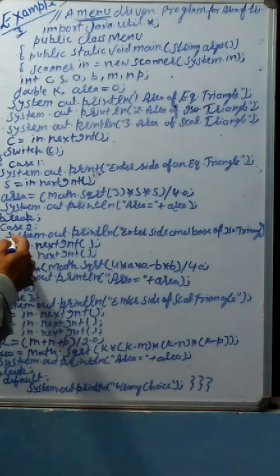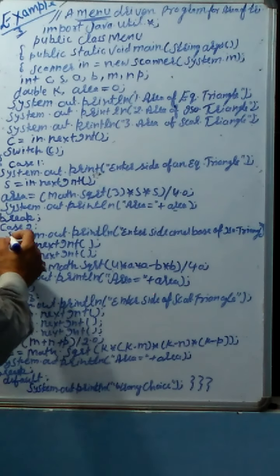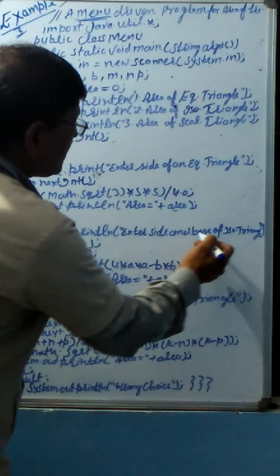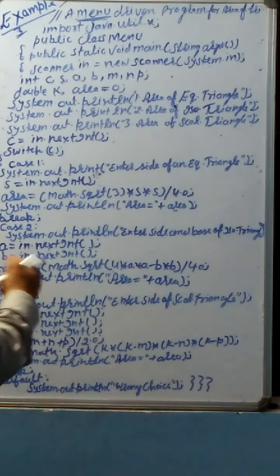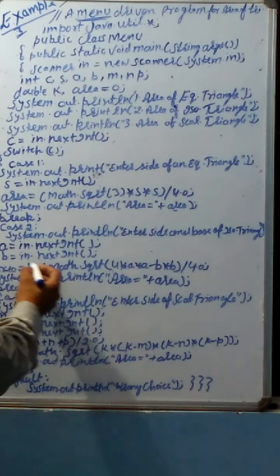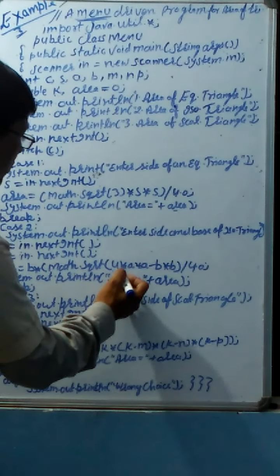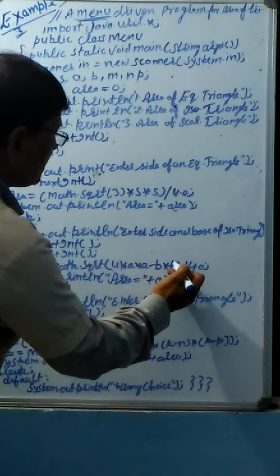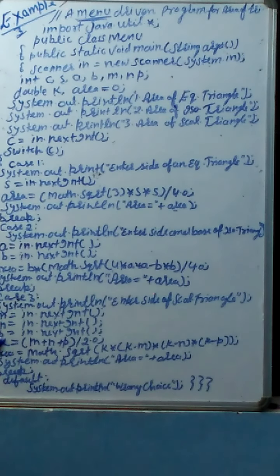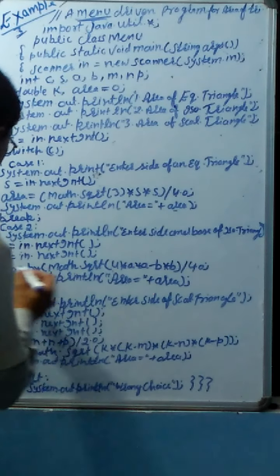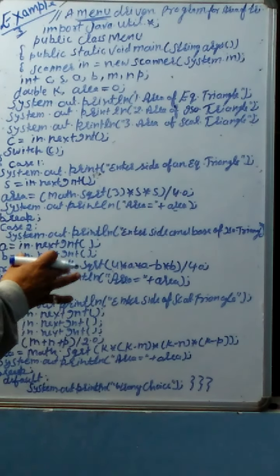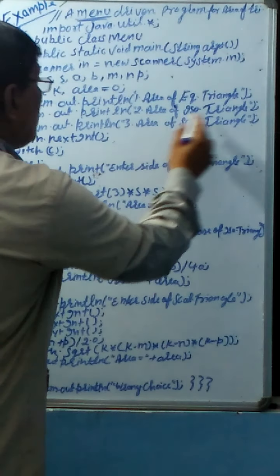Then you give the value with System.out.println to enter the side and base of the isosceles triangle, because you know the formula: the area of an isosceles triangle is one upon 4 times b times the square root of 4a squared minus b squared. You express it in Java as area = b * Math.sqrt(4 * a * a - b * b) / 4.0. Then System.out.print the area, and it will display the area of the isosceles triangle.